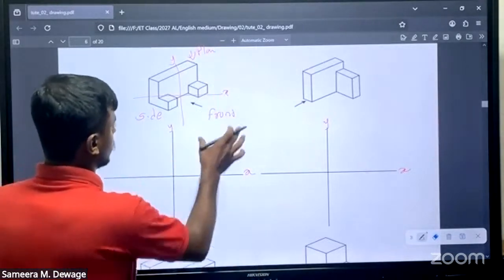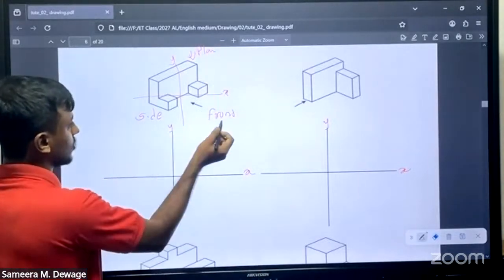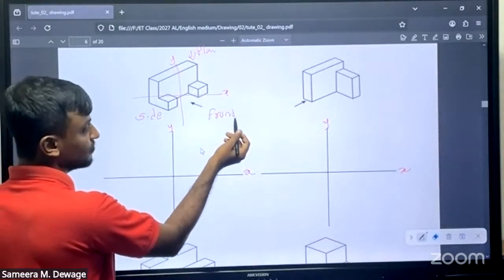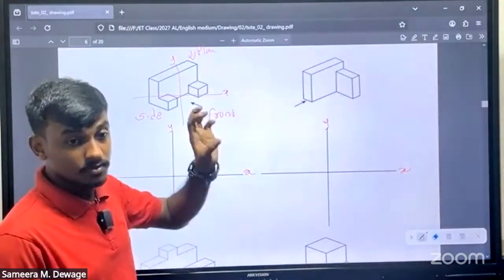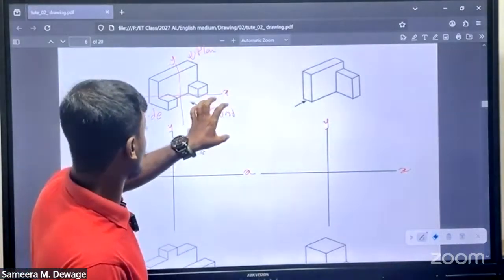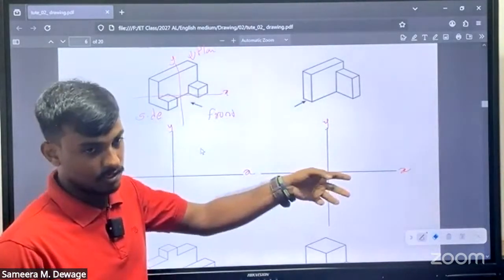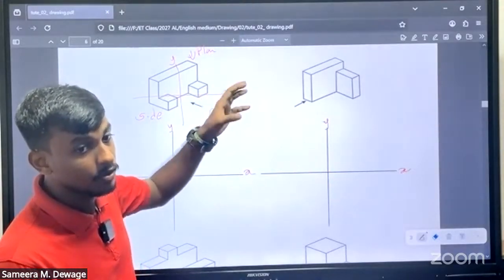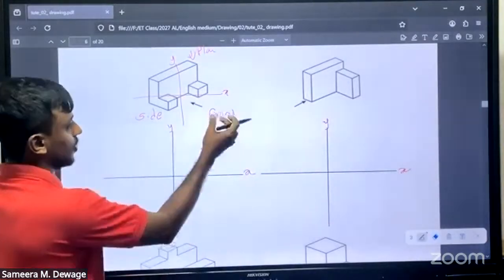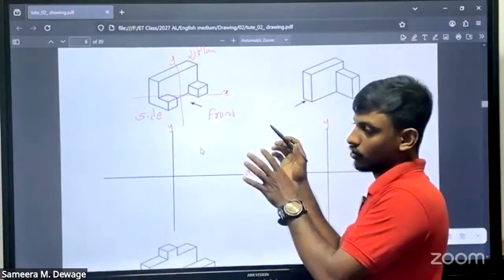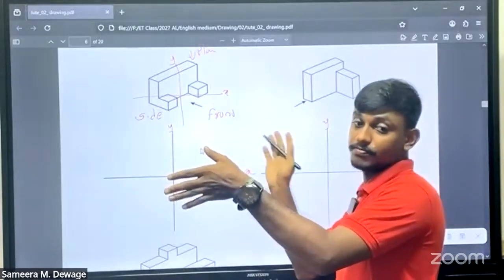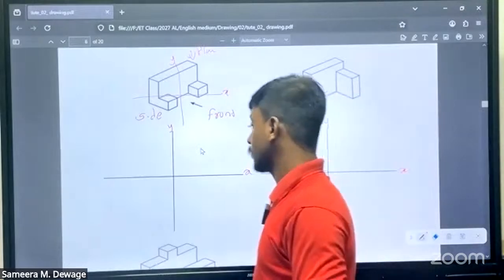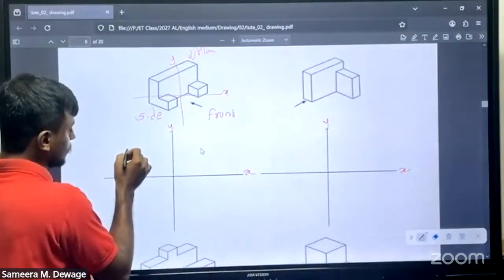The front should be located according to the first angle projection. Always the front view should be located behind the object, in the opposite direction. If you look at the object, the projection image will project in the opposite direction. So the front should be here.